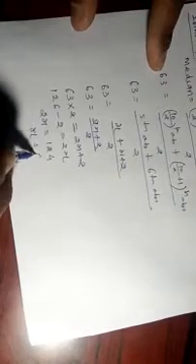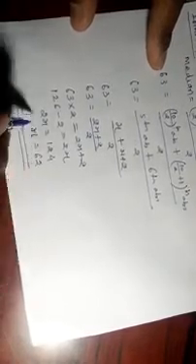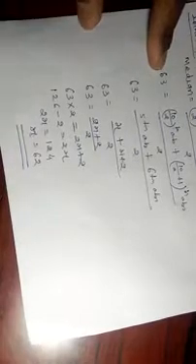It becomes your 126, and 2 will be transposed from here, so minus, becomes 2x equals 124, or we can say x is equal to 62. So this will be our answer.